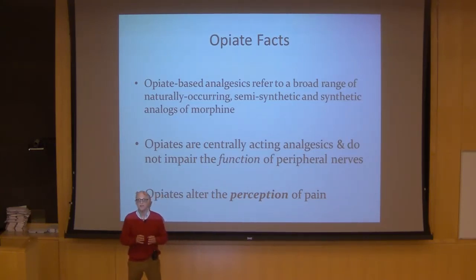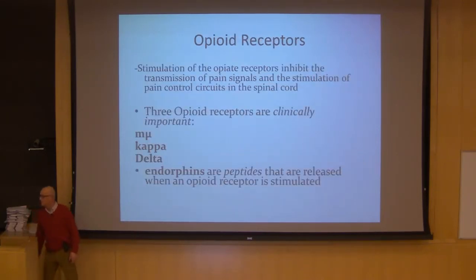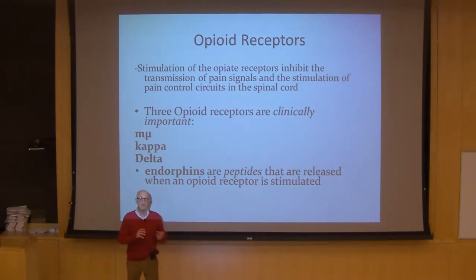So opiates alter not pain itself, but the perception of the pain. And they do it at two levels: one at the level of the dorsal horn and the other in the CNS. Okay, so the two most important receptors involved are the mu receptor and the kappa receptor.